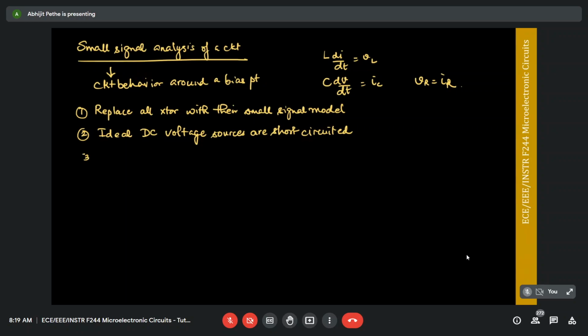Similarly, ideal DC current sources are open circuited. Again, this is very similar. We're just applying the boundary conditions because of the ideal DC voltage source or ideal current source. And so now let's go back and look at the circuit. Let's analyze this circuit using small signal analysis.